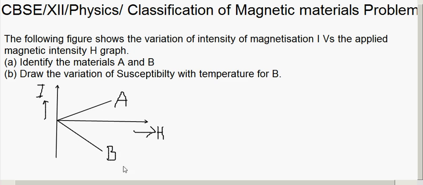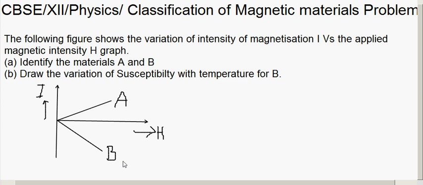Hope you understood how to classify materials A and B based on the susceptibility. So we know susceptibility is positive and small for paramagnetic, and for diamagnetic the susceptibility will be negative. Therefore A is paramagnetic and B is diamagnetic.